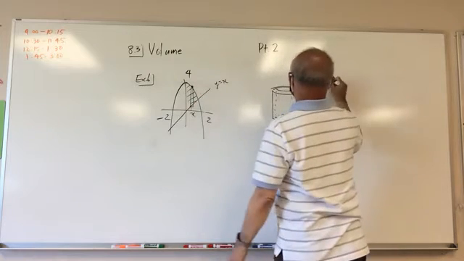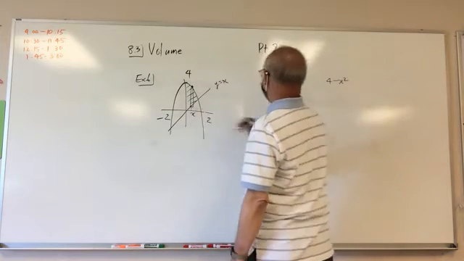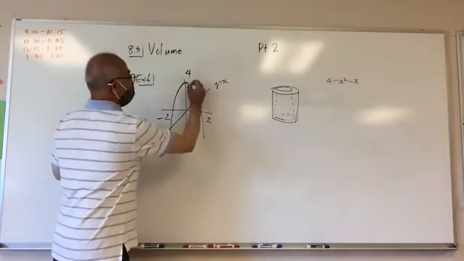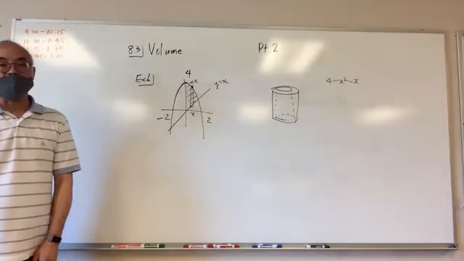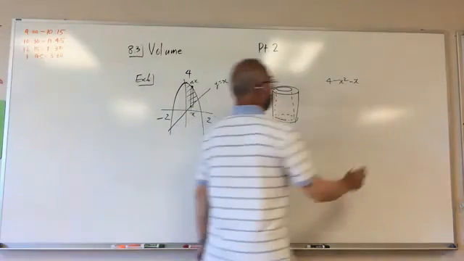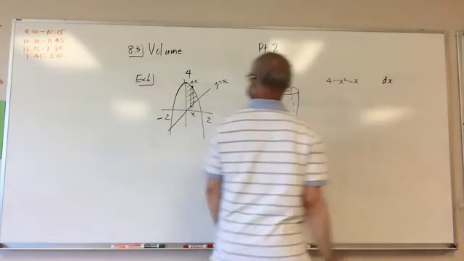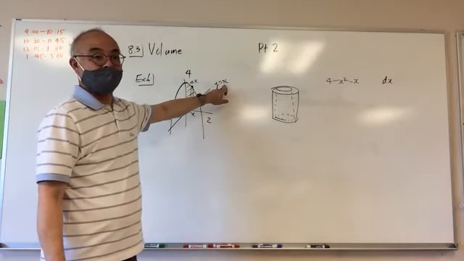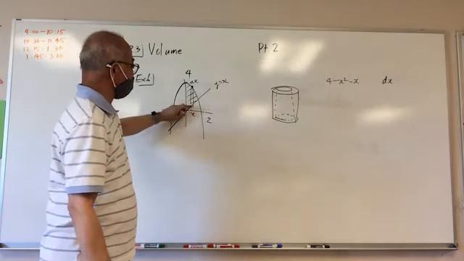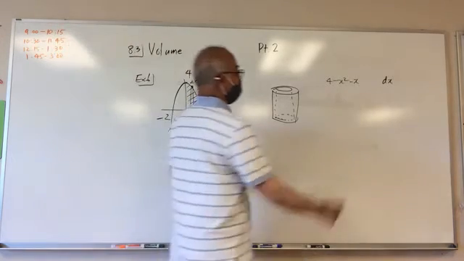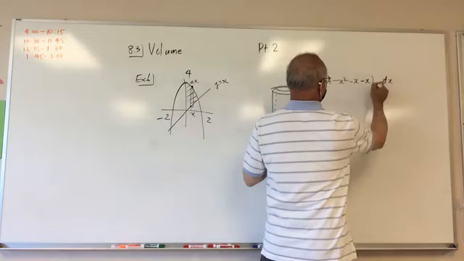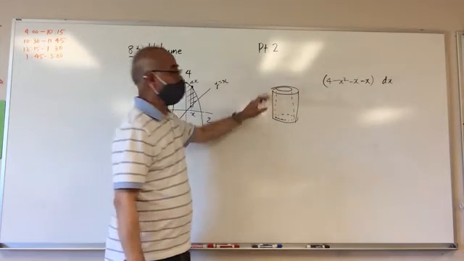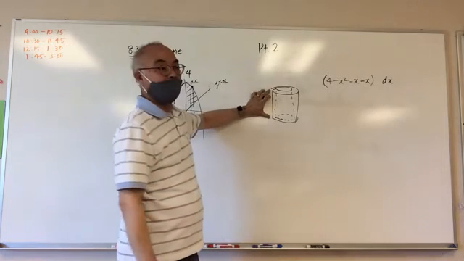So this is 4 minus x squared, minus x, which is good because we're dealing with dx here; we're going to do it in x. I subtract the x because the height there is x, since y is equal to x. So that is my height.